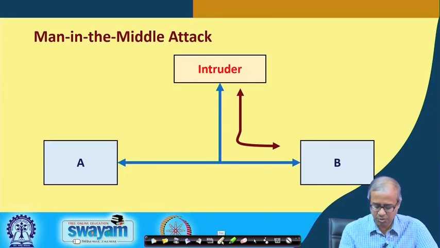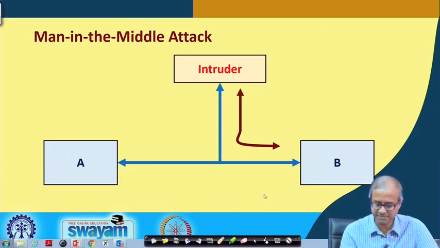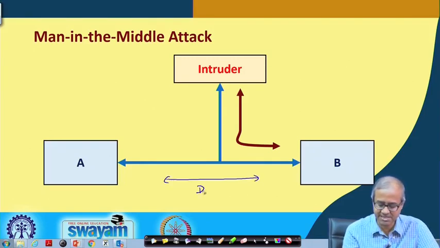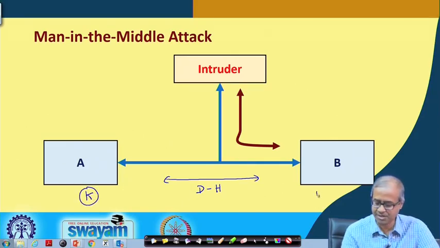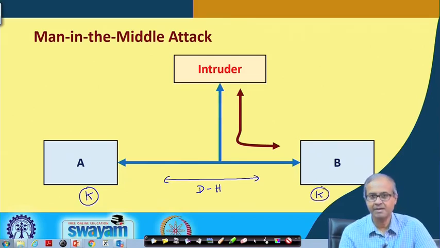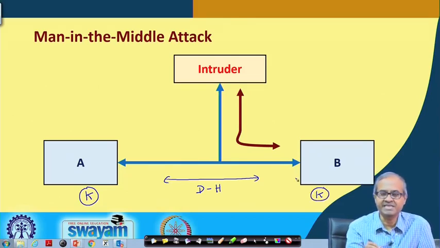Normally what would happen is that A and B would be using Diffie-Hellman key exchange between themselves and would agree on a common shared key K. Then they can exchange messages in an encrypted way using this key.